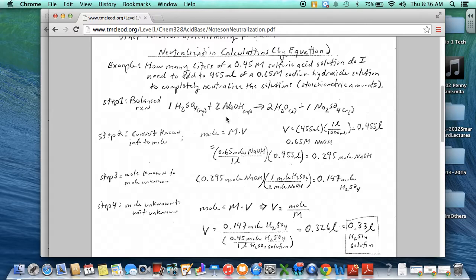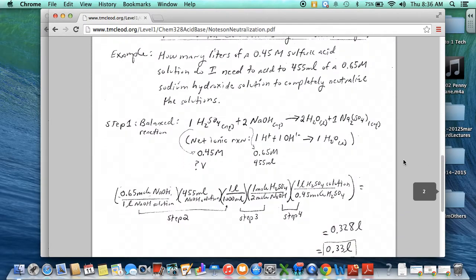So now what we need to do is figure out what information we know. A lot of times what I like to do is write the information right below, because then I can see what substance I know enough information about to get the moles.